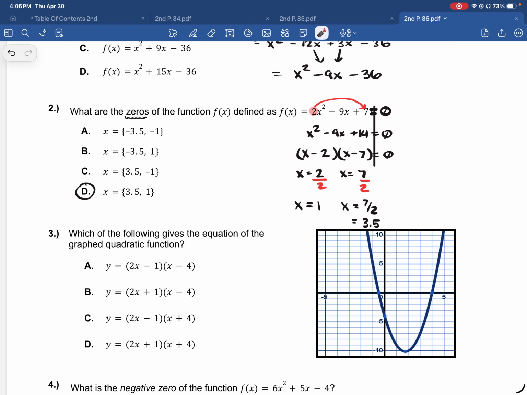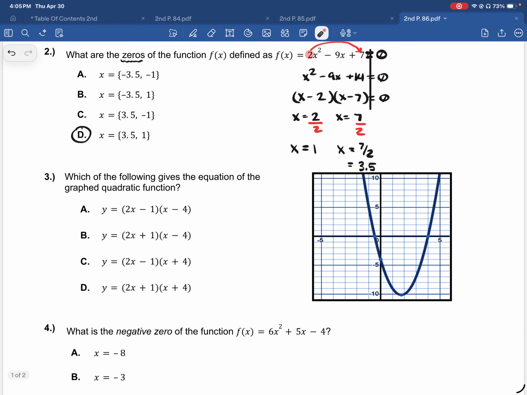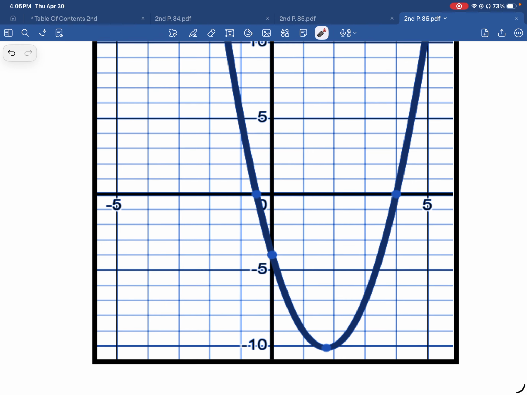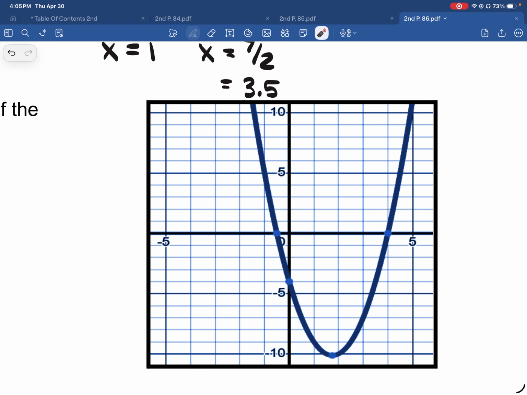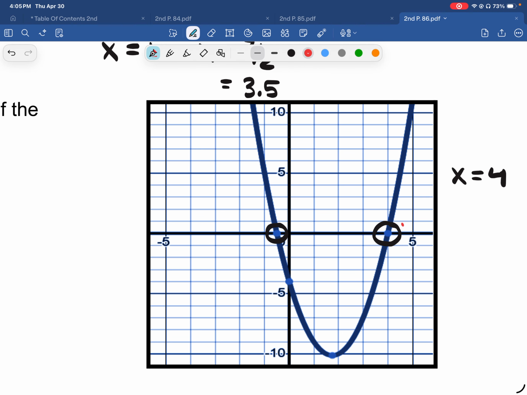Speaking of where it crosses the x-axis, that's how you're going to answer number 3. Which of the following gives the equation of this graph? Well, this graph is really closely defined based on where it crosses the x-axis. It crosses here and here. Now, one of these is a lot easier to see than the other. X equals 4.